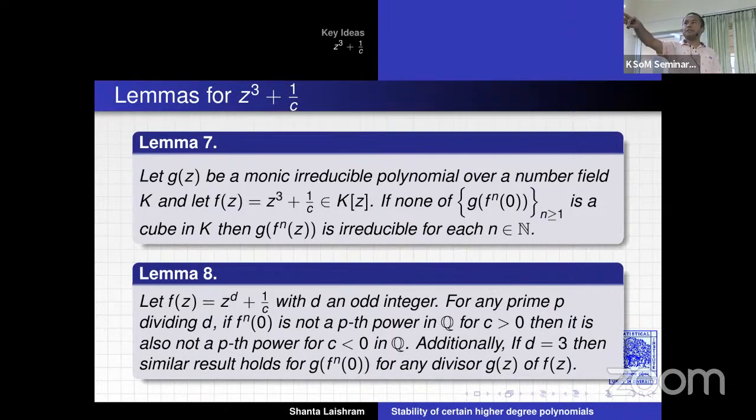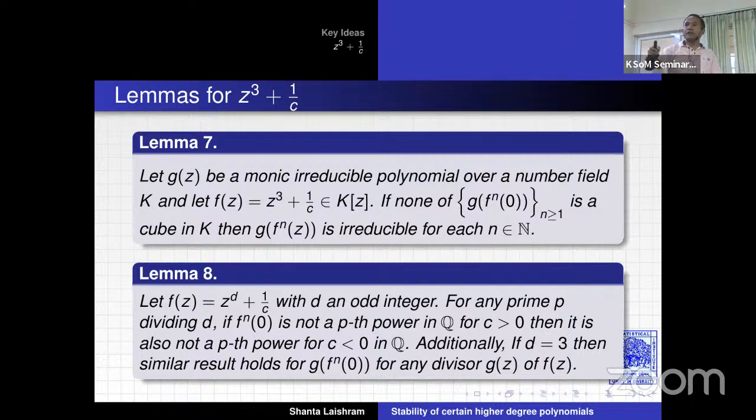If none of these G of Fn0 is a cube, then G of Fn is irreducible for n. And another lemma which we need basically says that if you can say something about the cubic or non-cubic part of this G of Fn, then we can say whether G of Fn is irreducible or not.